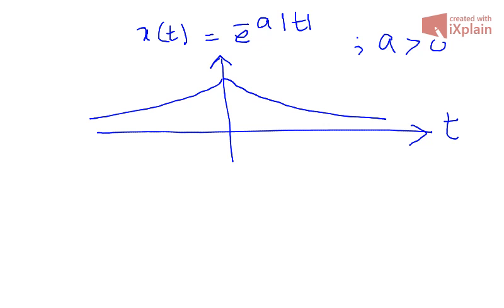And at t equal to 0, the value would be 1, because e raised to the power 0 is 1, so this particular value is 1.